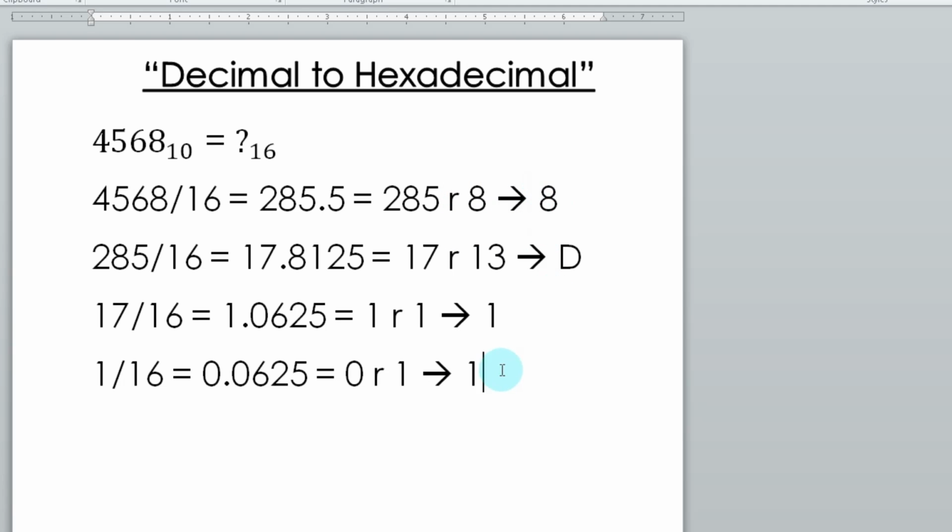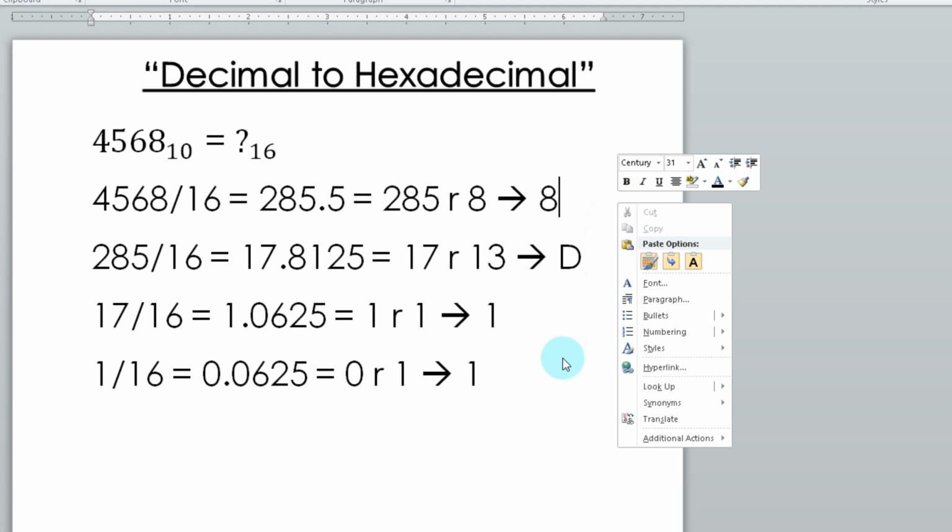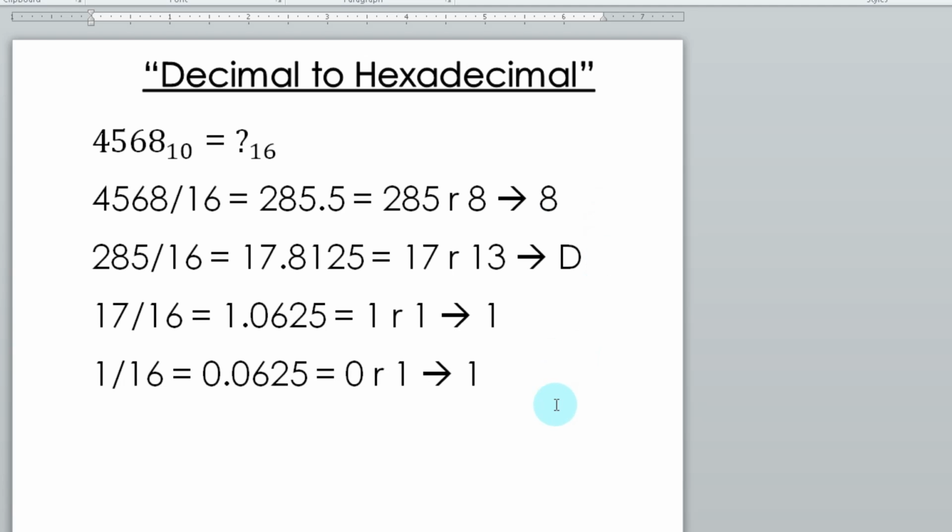Now that we have these values, we read them from the most significant number to the least significant number, just from bottom to up. This is the most significant number, and this is the least significant number. So to read this, we have 1, 1, D, 8.